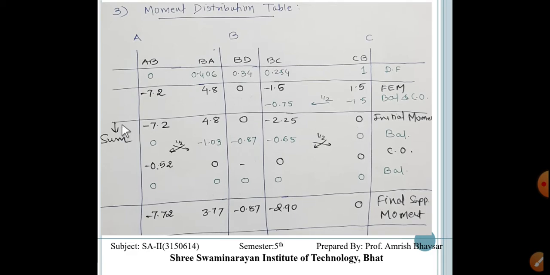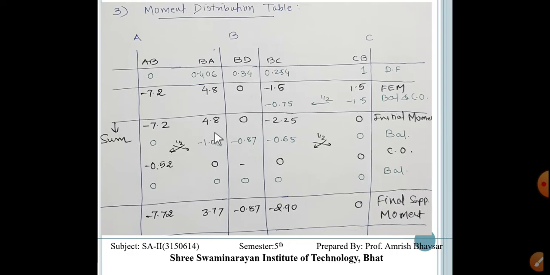Now for the support moments we have to consider the summation of the whole moments from here. The first step is balance. In that case, we have 7.2, that is minus, multiplied with this 0, and we get 0.